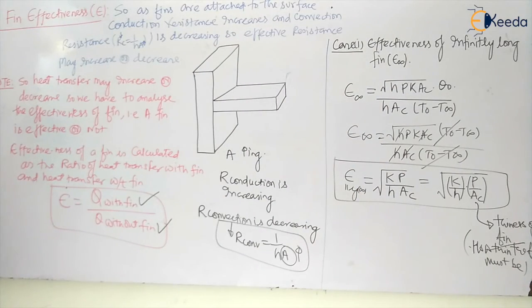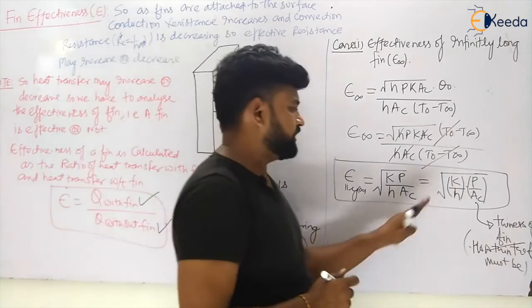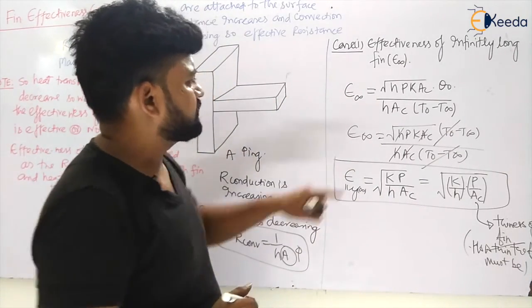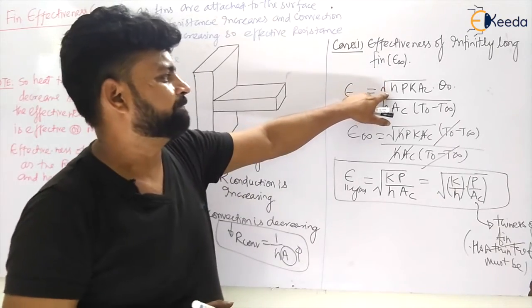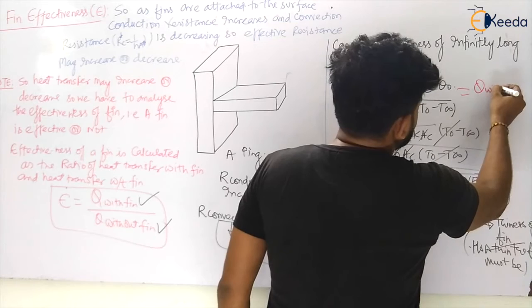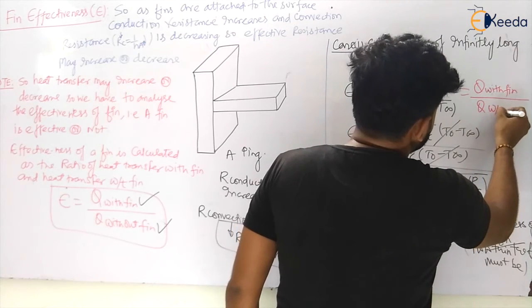You can calculate for anything. So for better performance, there must be more heat transfer from Q with fin than Q without fin, that is, heat transfer without fin.